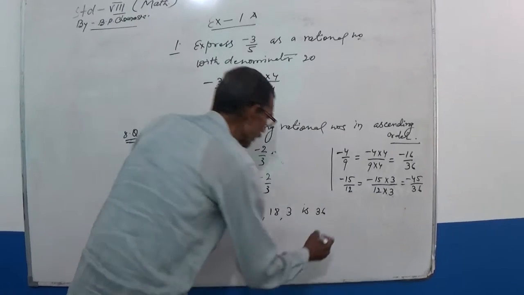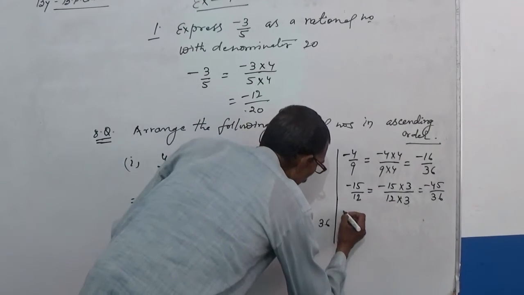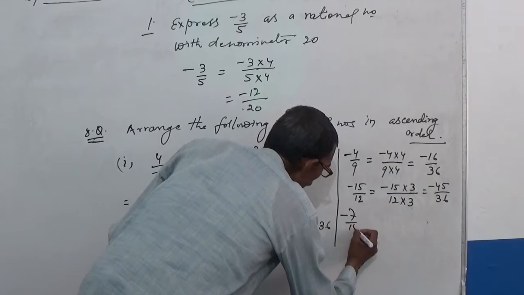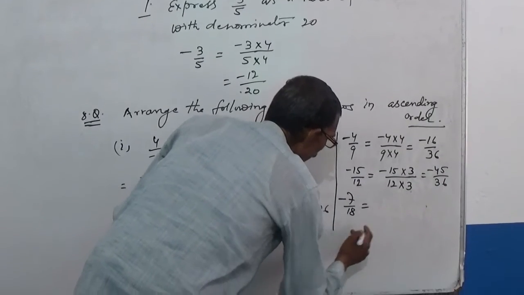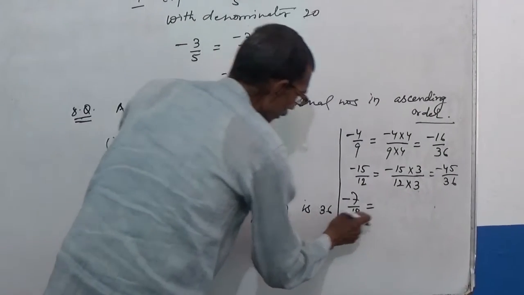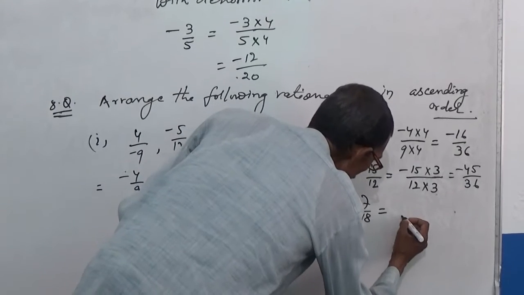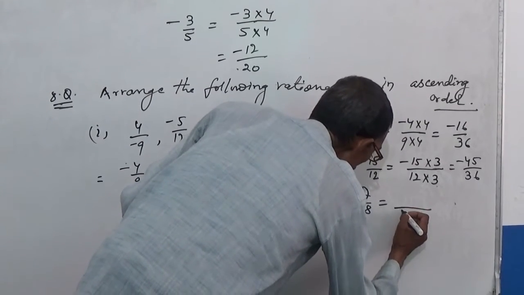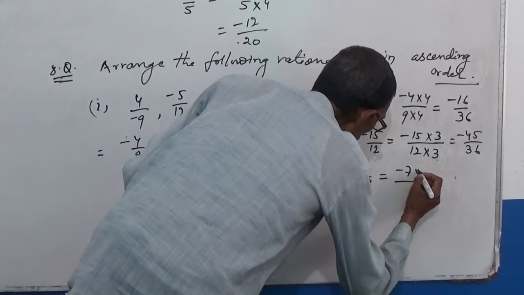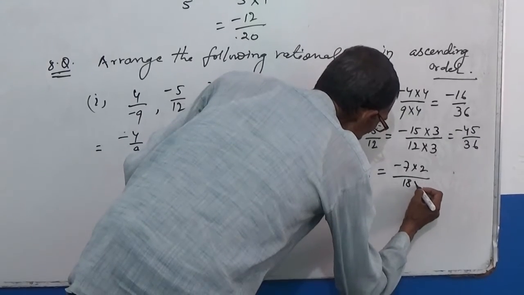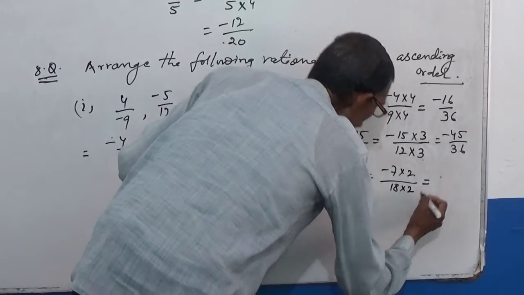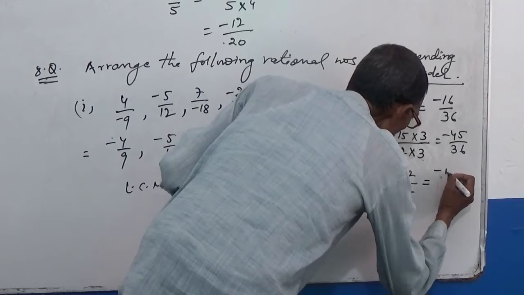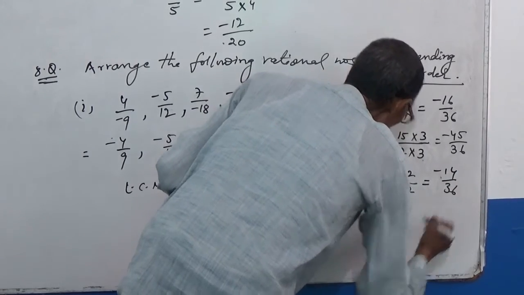Minus 7 by 18 is equal to, now I have to change 18 to 36: minus 7 into 2 by 18 into 2, minus 14 by 36.